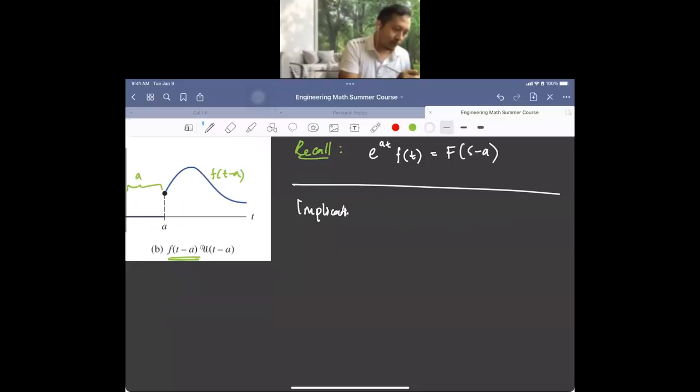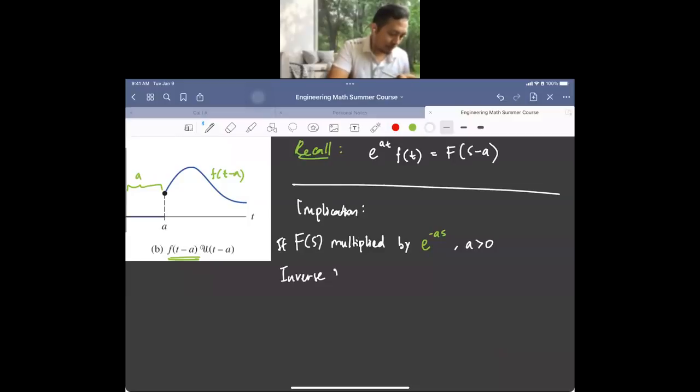The implication: if F(s) is multiplied by e to the power of negative as, the inverse transform of the product e to the negative as times F(s) is the function small f shifted along the t-axis.